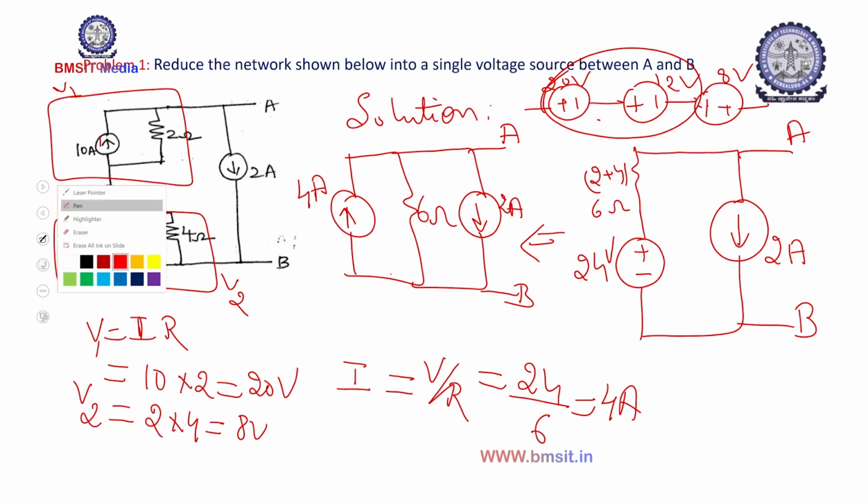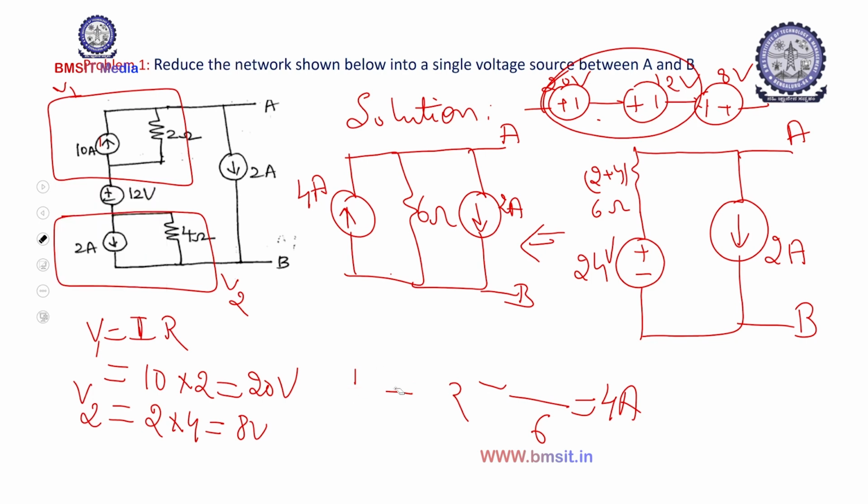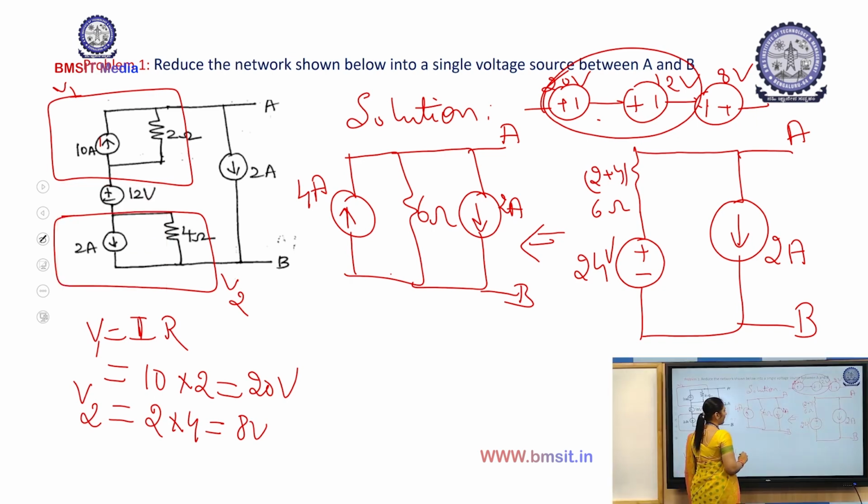Okay. So again, further we'll reduce this into a voltage source. You can see this source and this source have opposite polarity. So the resultant source retains the polarity of whichever source is greater, or the same direction of the current.